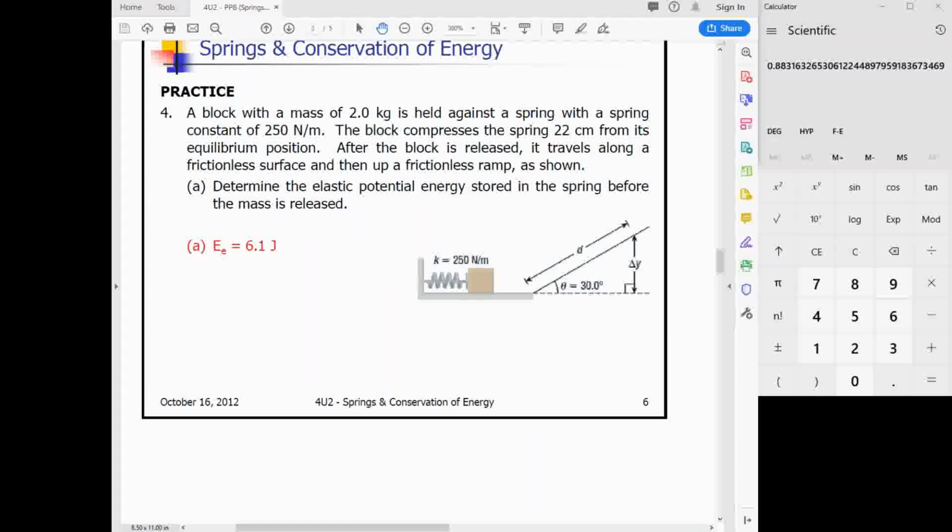So we dealt with questions that were in one dimension, either horizontally or vertically. Now let's look at a problem that's in two dimensions. So we'll have a horizontal and vertical component to this.